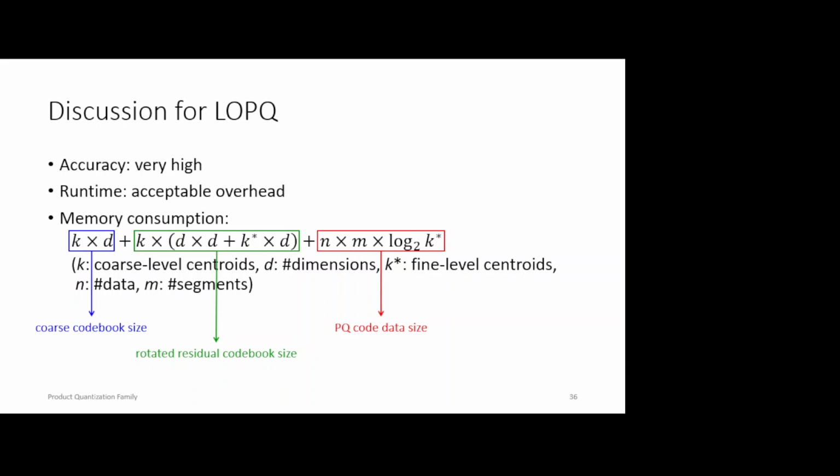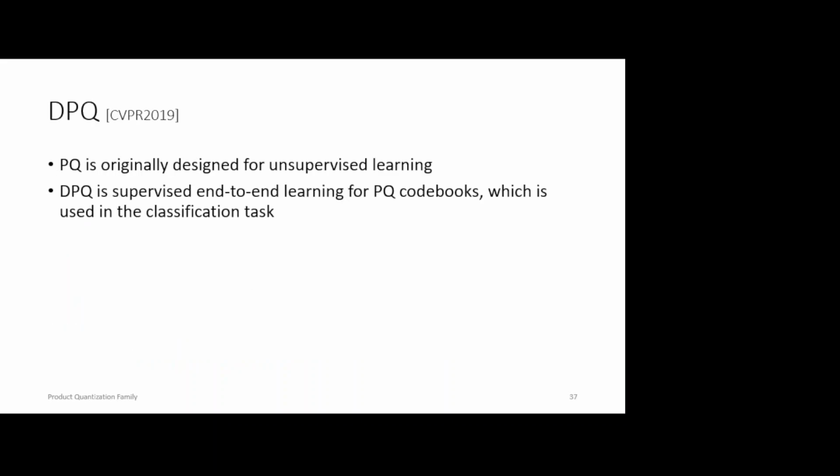And when your data size scales up to 1 billion, you will also use a very big number of clusters, so the total size will be very huge. Okay, so that's all for LOPQ.